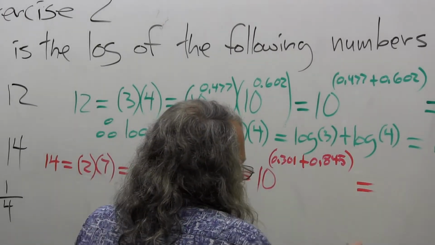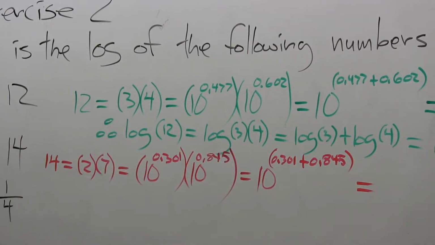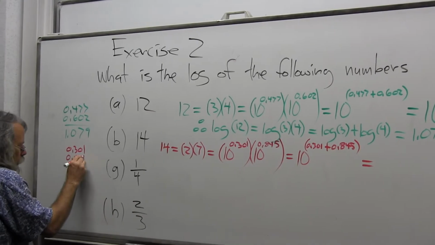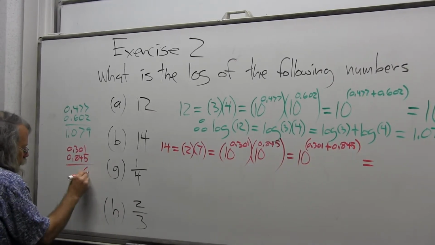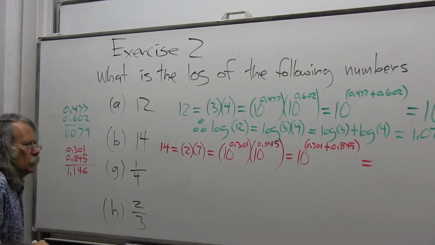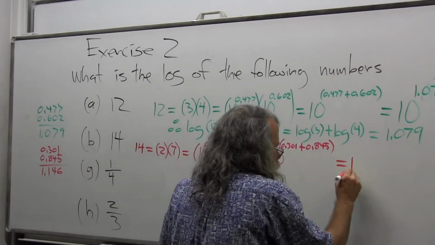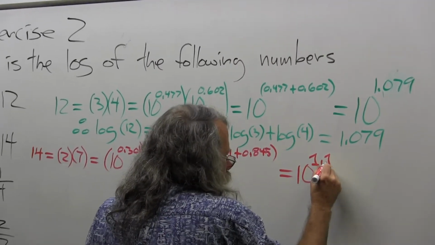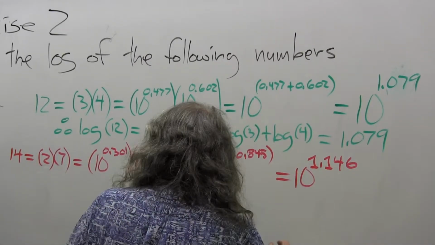which I have to go over to my scratch paper again. 0.301, 0.845 is 6, 4, 8 and 3 is 11. So that's equal to 10 to the 1.146.